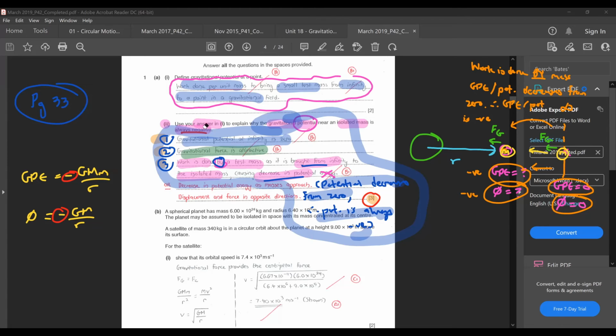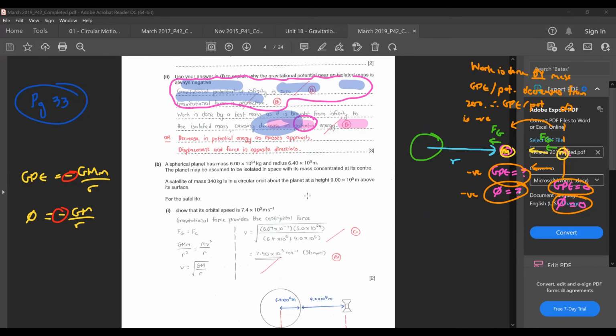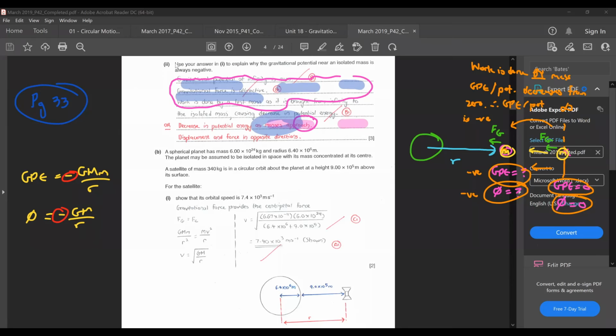So let me just erase whatever I do not need here. Okay, so then the next one is talking about calculation. This one, I think we can just quickly do the calculation. It's something pretty straightforward. Now your question here tells you that you have a spherical planet of mass 6 times 10 power 24 kg and a radius of 6.4 times 10 power 6 meter.